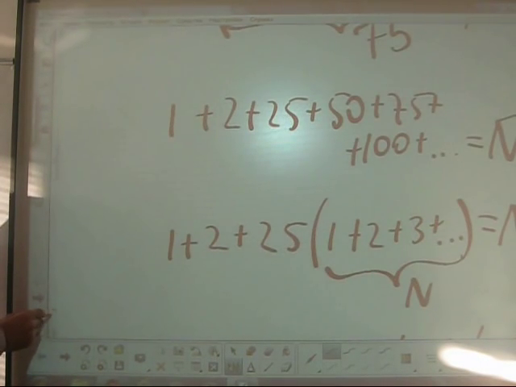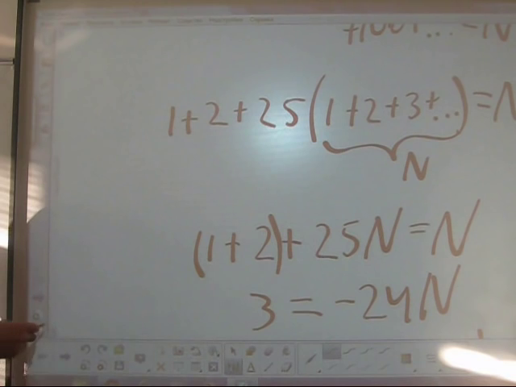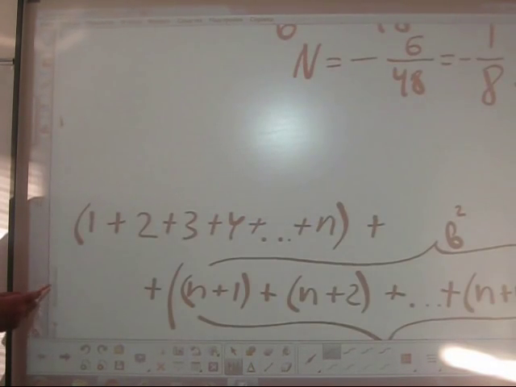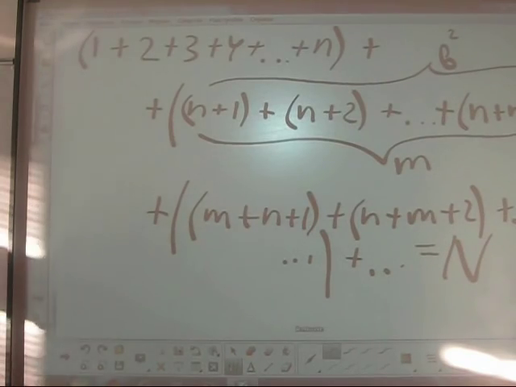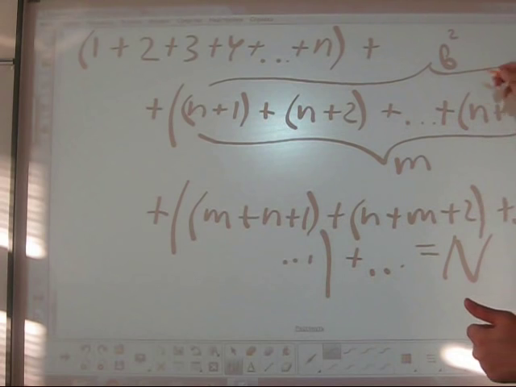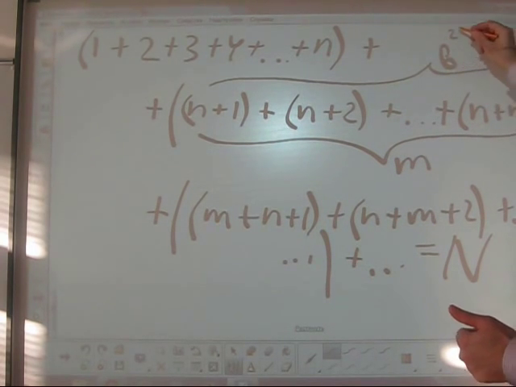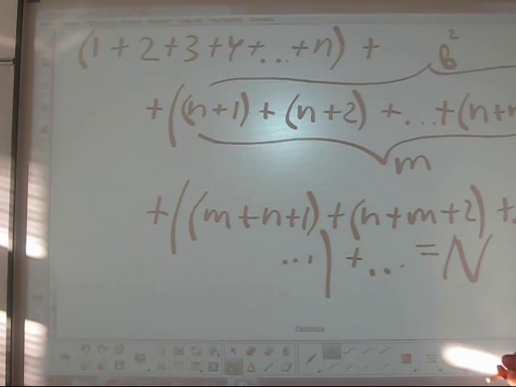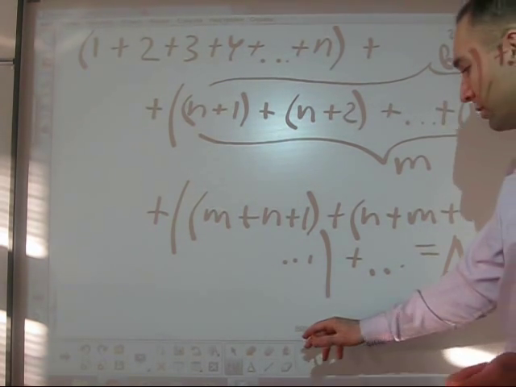So I believe that if we try to find the sum of this group as a square of some odd number, probably we can find this n in the general case.